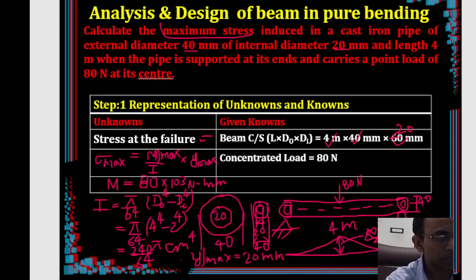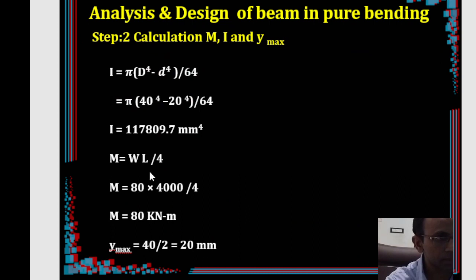Into 10 to the power 4 mm to the power 4, because this is in centimeter. So when you convert, it is the same value, 11.78 times 10 to the power 4 in mm. Either way you can write. So I is there.